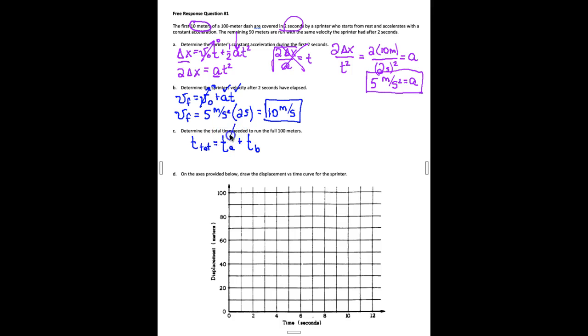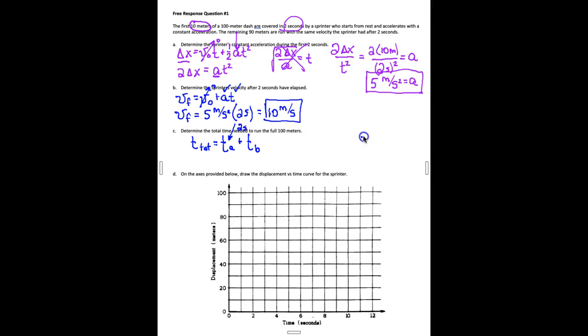We know t A. It's 2 seconds, it was given in the problem. I just need to figure out how long it takes to run the remaining 90 meters at a constant speed of 10 meters per second, because I now know that.